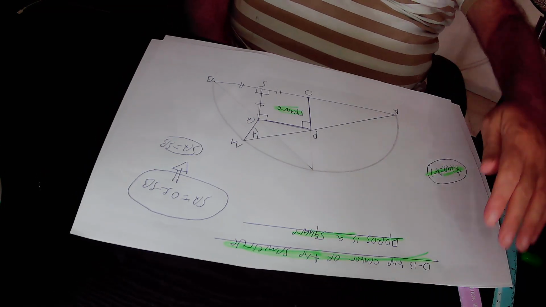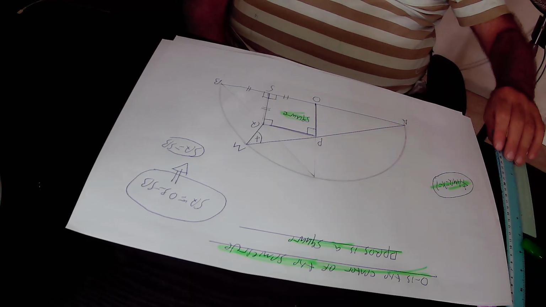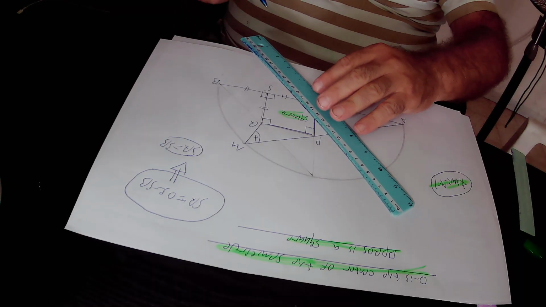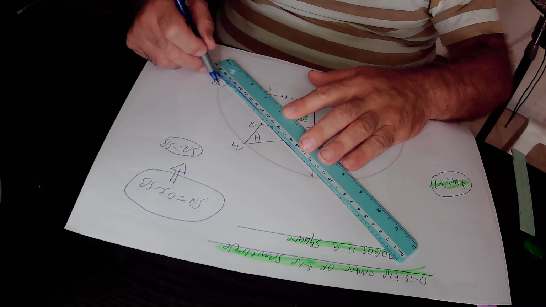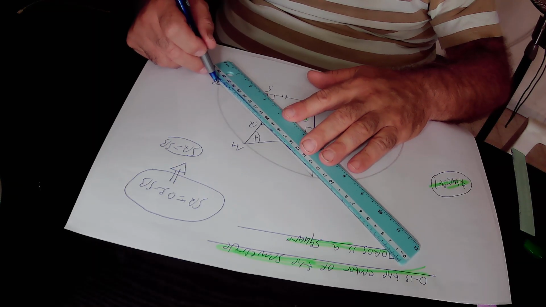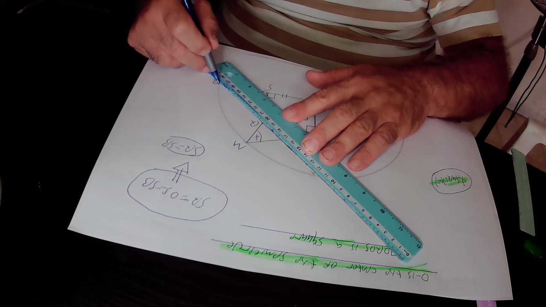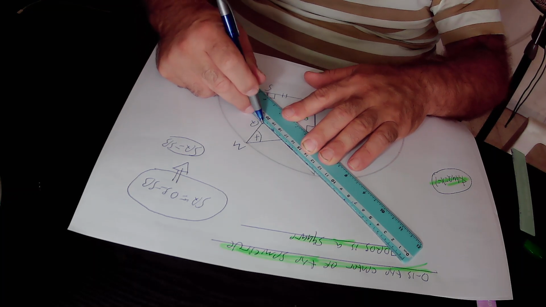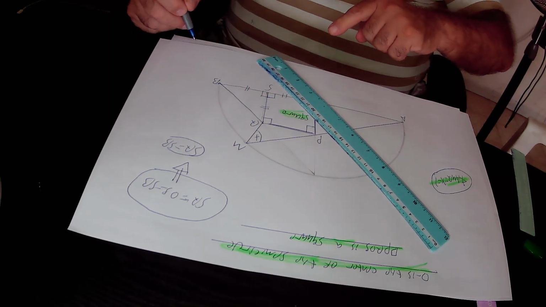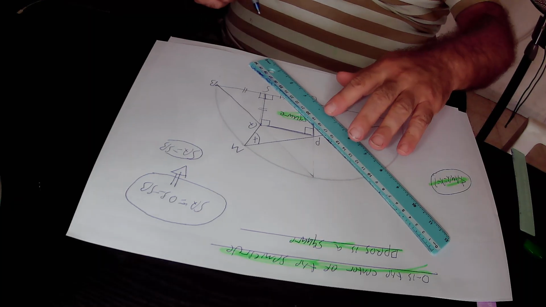In the next step, we will join points B and Q together by a straight line. And we'll extend the straight line BQ until it touches the circle.